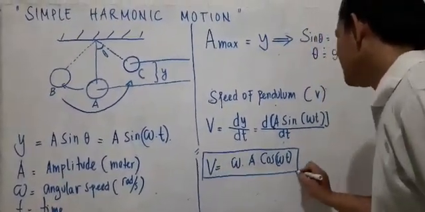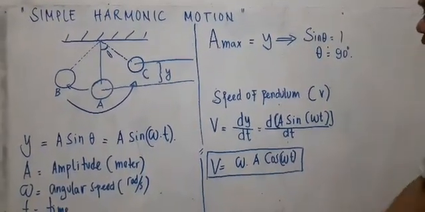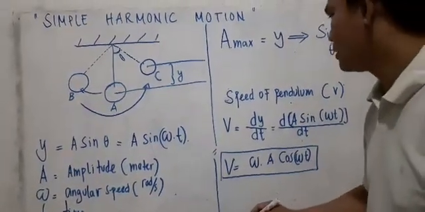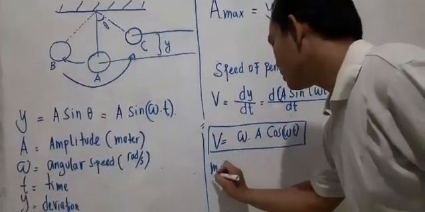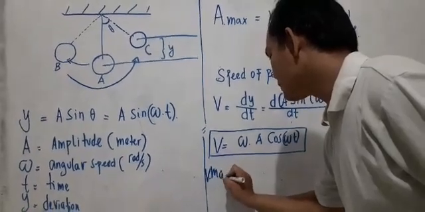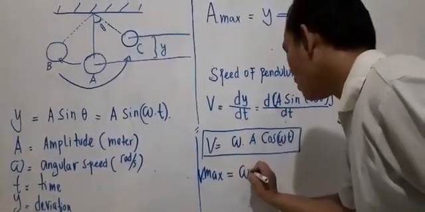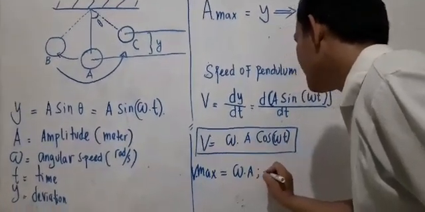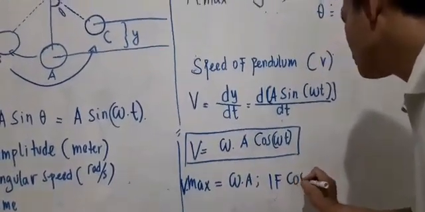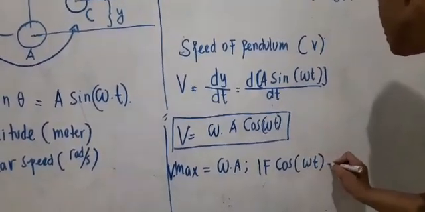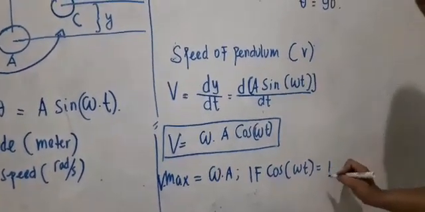What is the requirement to get the maximum speed? The maximum speed, v max, is equal to omega times A if cos omega t is equal to 1. What does it mean?